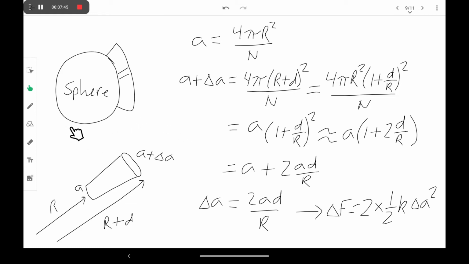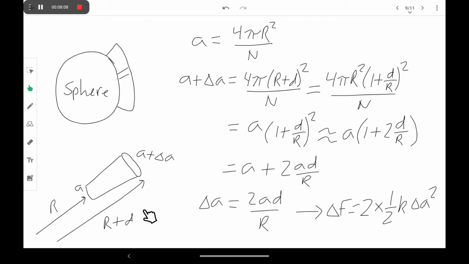So our idea is we're going to wrap this bilayer around a sphere, which means the part that's closer to the sphere, we're going to call that A, and it's at a radius r away. And the part away has to get stretched somehow. That's A plus delta A, and it's at a distance r plus d, with the length of this molecule we'll call d.